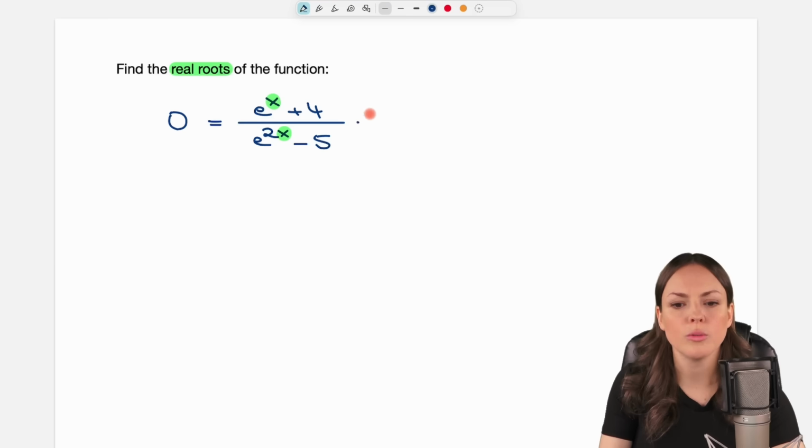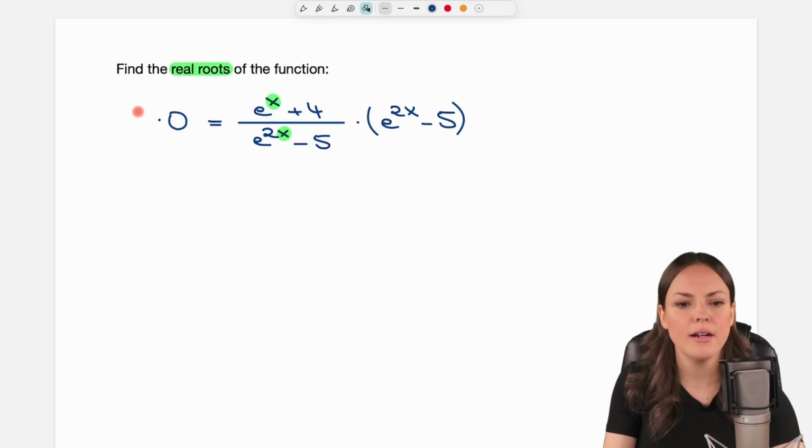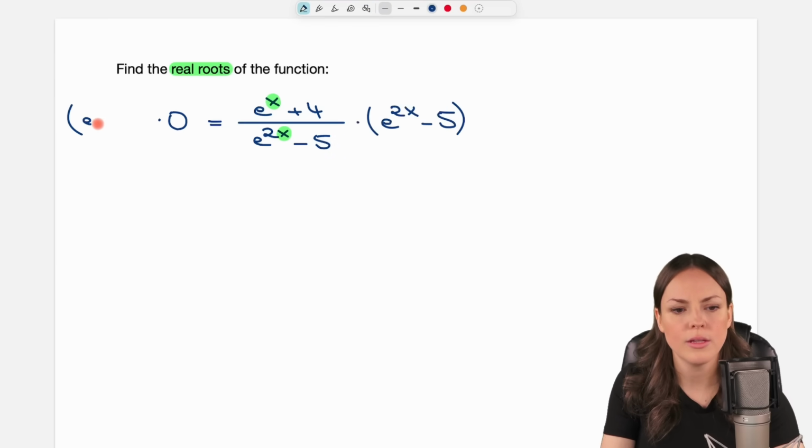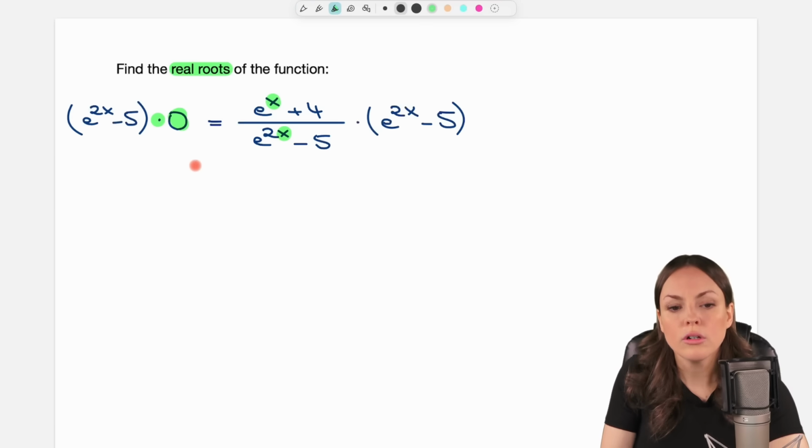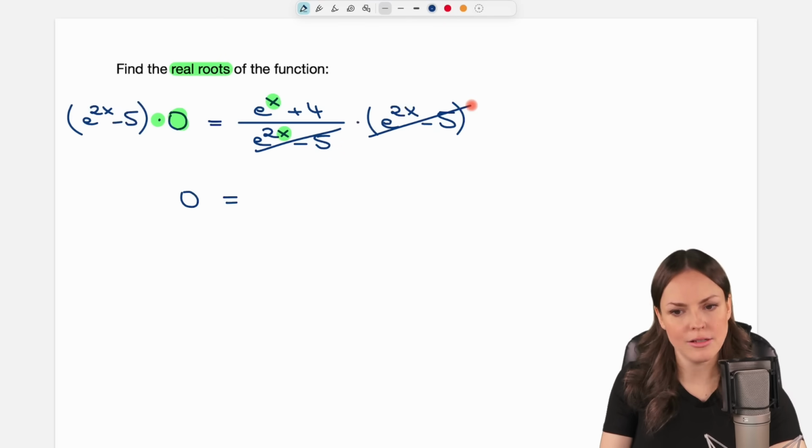So let's multiply both sides of the equation then by this denominator. So we write it in parentheses and multiply the right side by this denominator and also the left side by this denominator. On the left side, we have times 0 is just going to be 0. On the right side, this cancels out, and only what we had in the numerator is what is left.